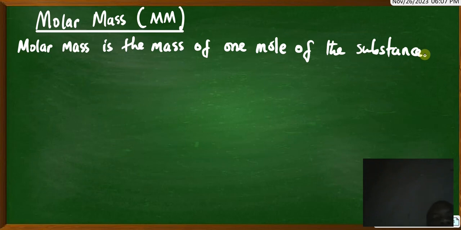So this is molar mass, the mass of one mole of a substance. So what does it mean? It means that molar mass has got units of grams per mole.